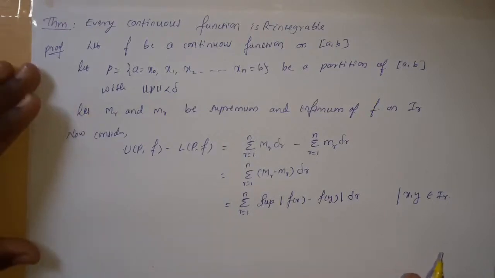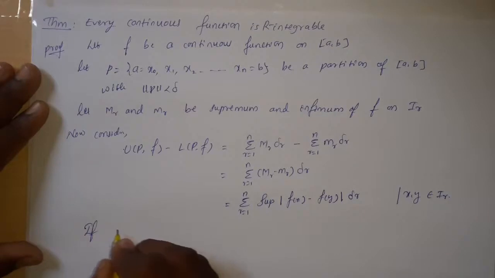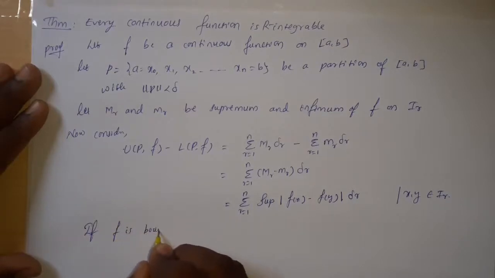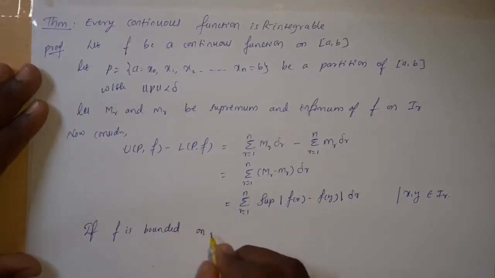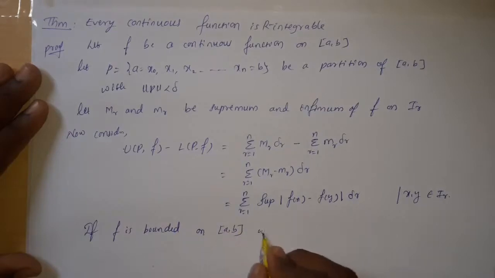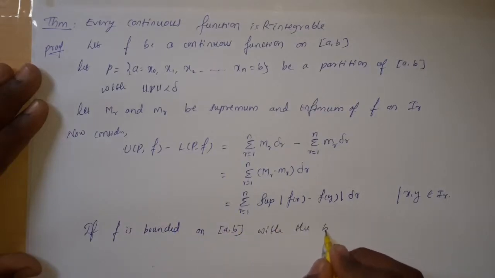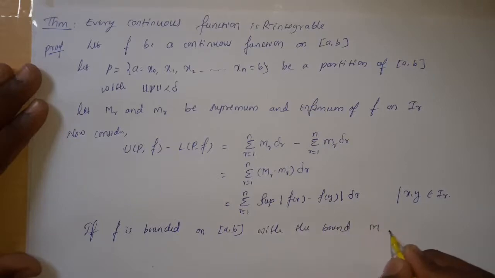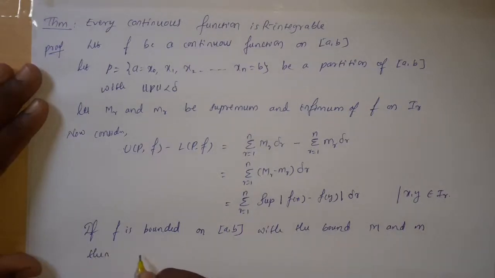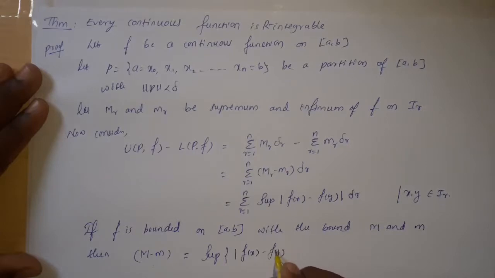Already we know that if f is bounded on the closed interval [a, b] with bounds capital M and small m, then M minus m is equal to the supremum of the set |f(x) minus f(y)|, where x, y belong to the closed interval [a, b].